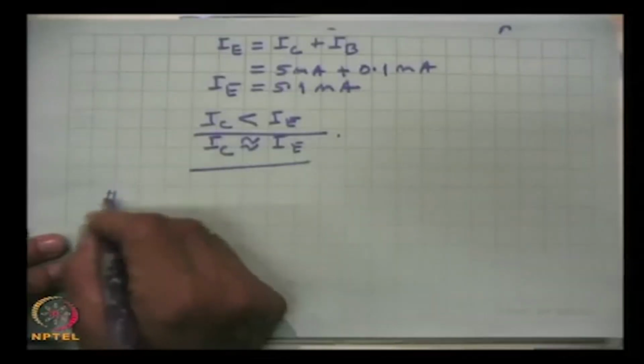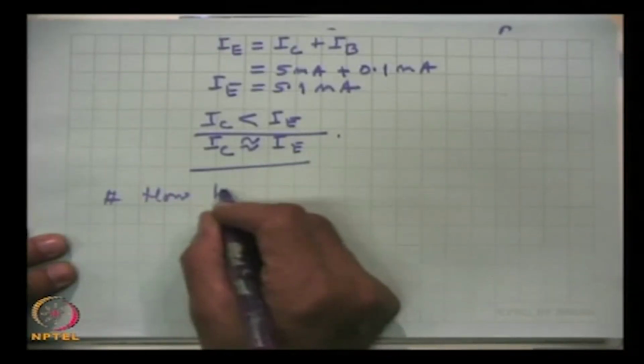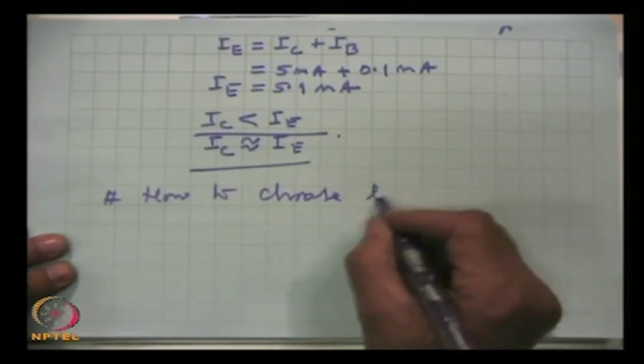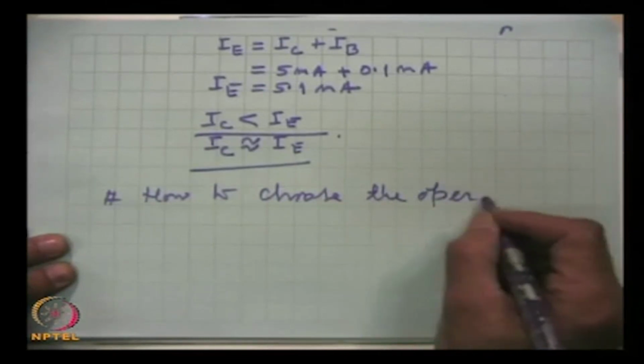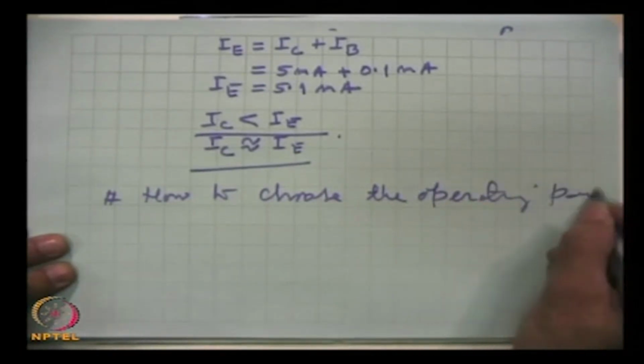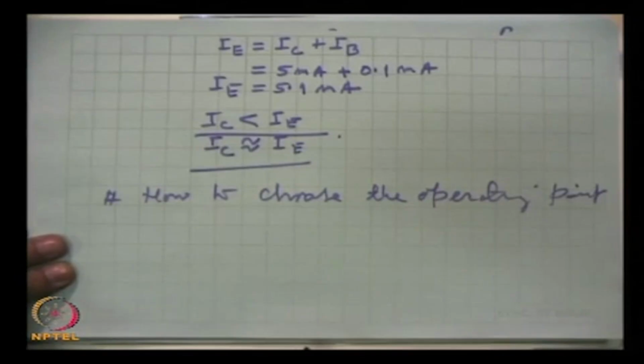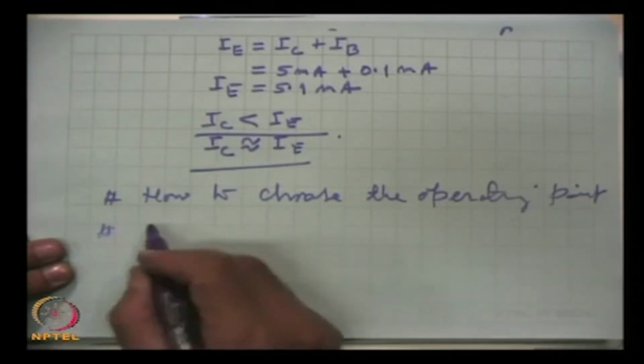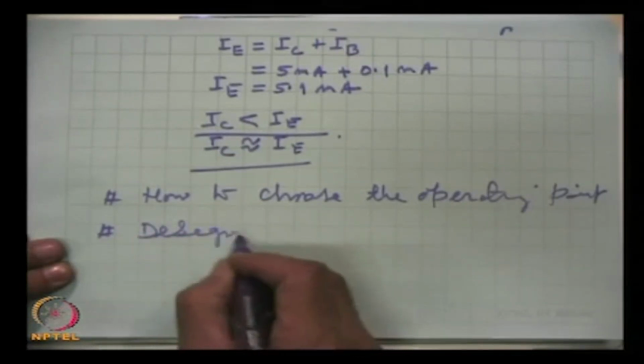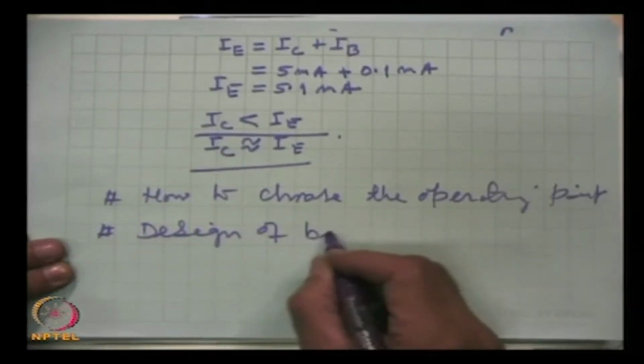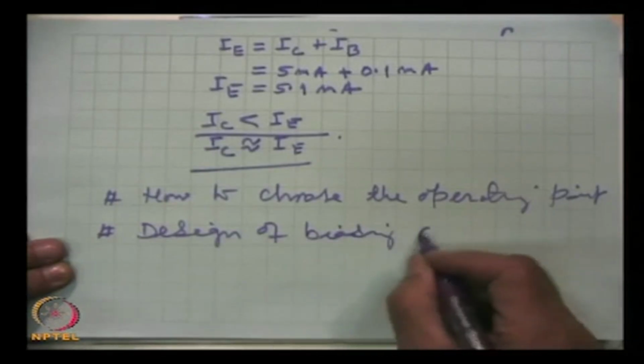The next thing which we will be considering is how to choose the operating point, and what is the meaning of operating point, that we will see, and then the design of biasing circuits.